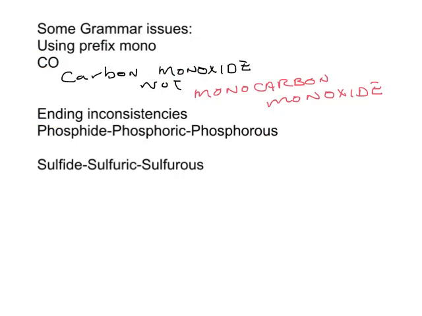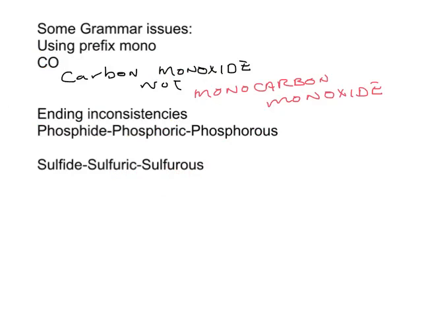These 2 elements, phosphorus and sulfur, are inconsistent about where they apply that ending to in the original element. So it's phosphide, so you're chopping it off after the ph and converting it, but it isn't phosphic or phosphous. Phosphoric, so you're cutting only the us off of the phosphorus, and same here, you're only cutting off the us, so be careful on that. Same for sulfur. Sulfide, but not sulfic and sulfus.